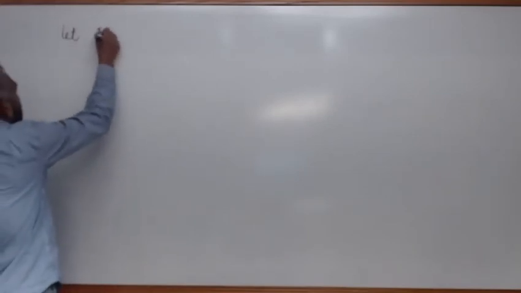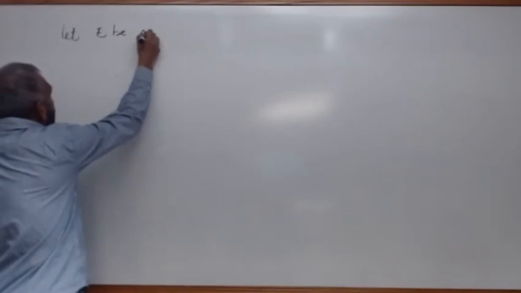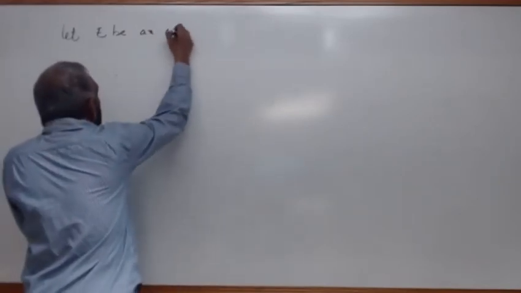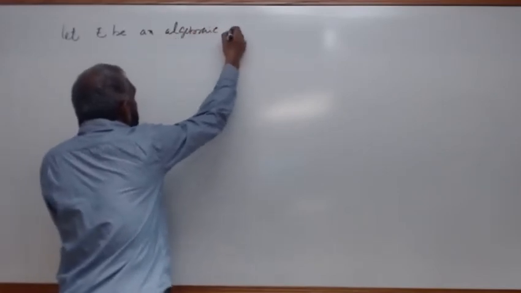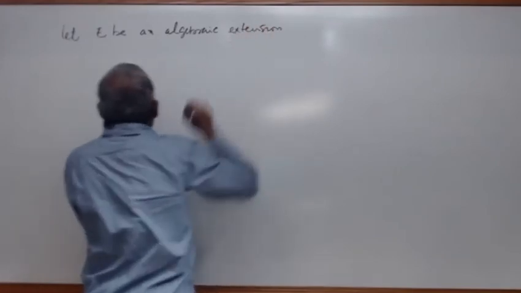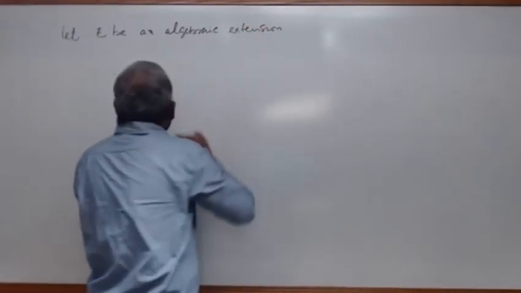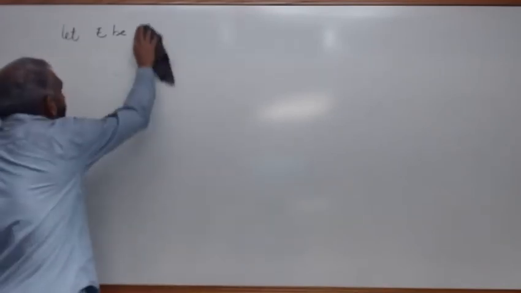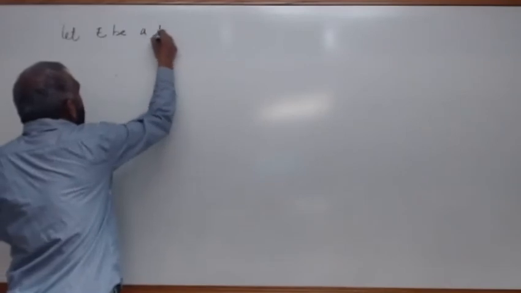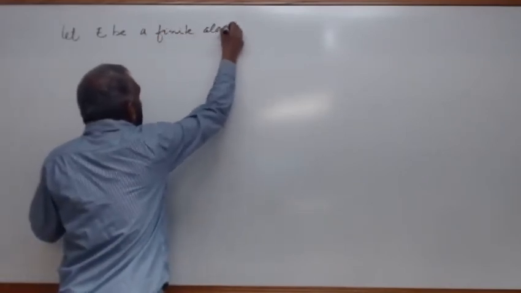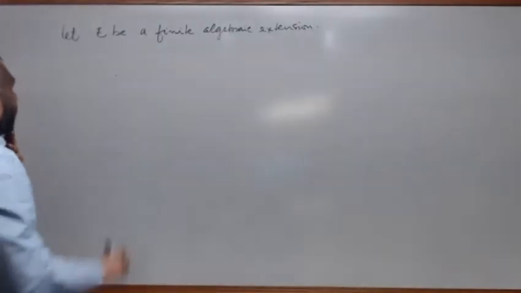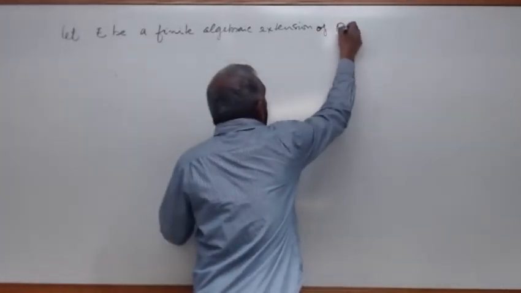Now let us assume that E is an algebraic extension of finite dimension of F, or you can say let E be a finite algebraic extension of F. What does that mean?